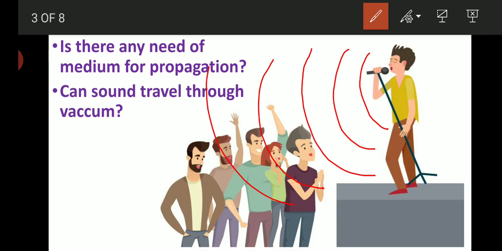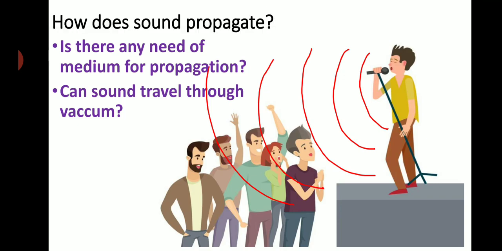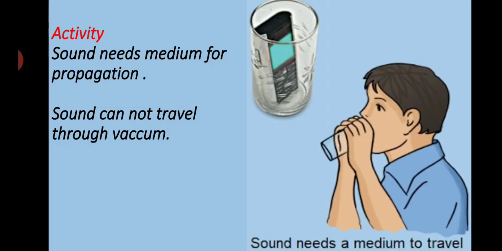Between the singer and the audience there is air. That means sound is propagating through air. In the next slide we learn whether sound really needs a medium, or whether it can travel without one. For this we learn one activity. You can also learn this activity from your NCERT book, where it is given.